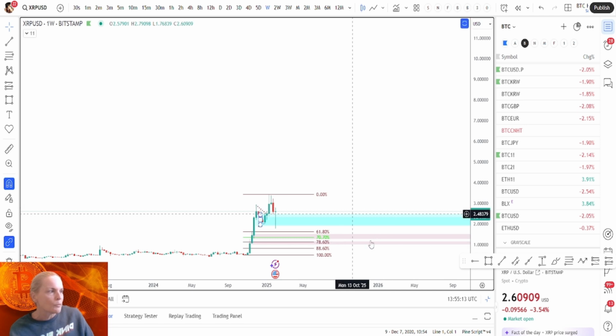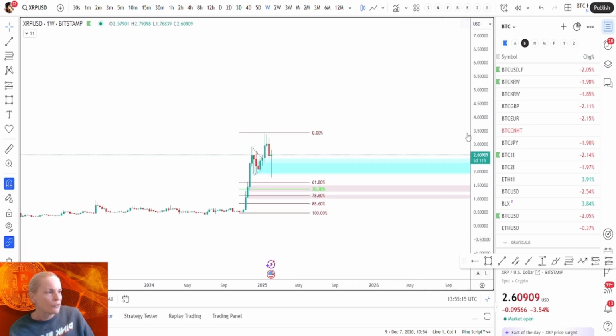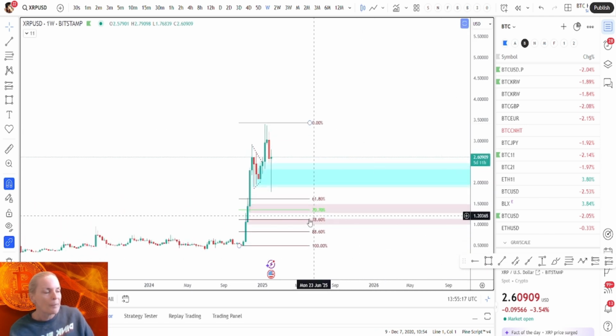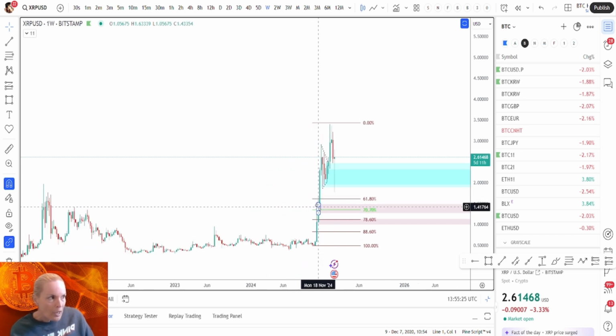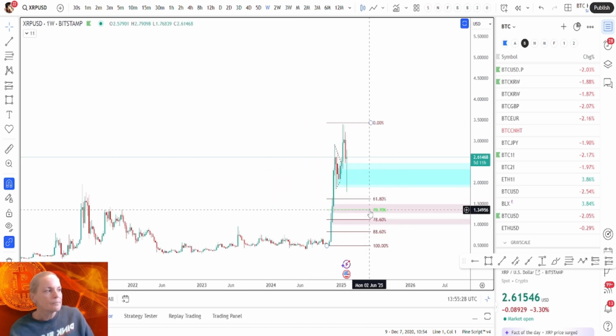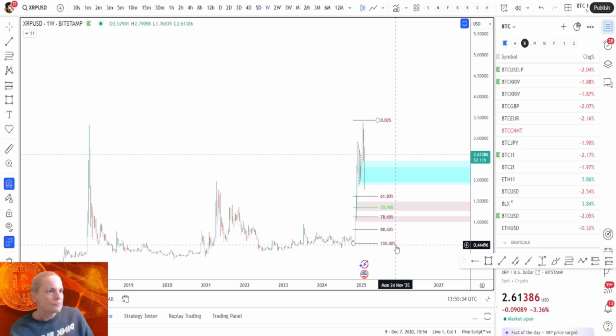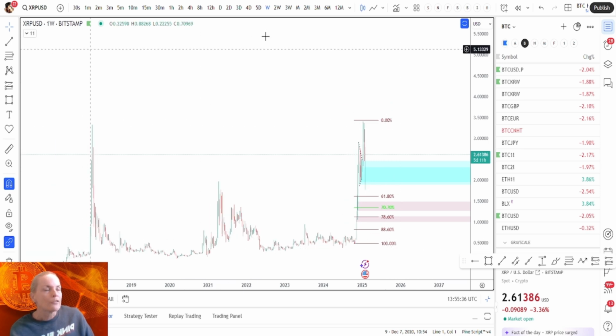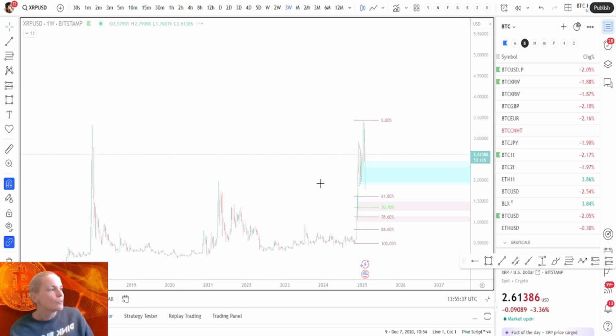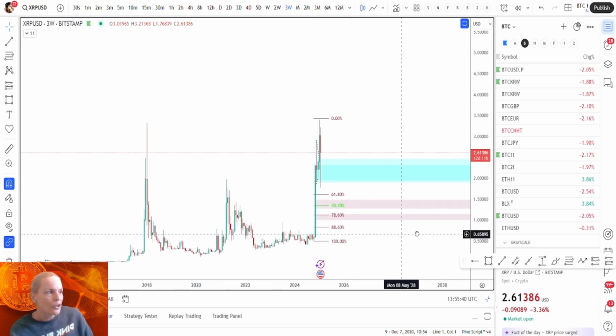And again, with crypto you've got a bit more of the challenge that on the log time frame and the linear time frame, you might have different answers to that question. But again, I just look at both. I tend to find the linear is more reliable. So again, the 70 fib here falls in that 3-day zone. That's the upper one. So the other considerations were, do we have an SR flip level?